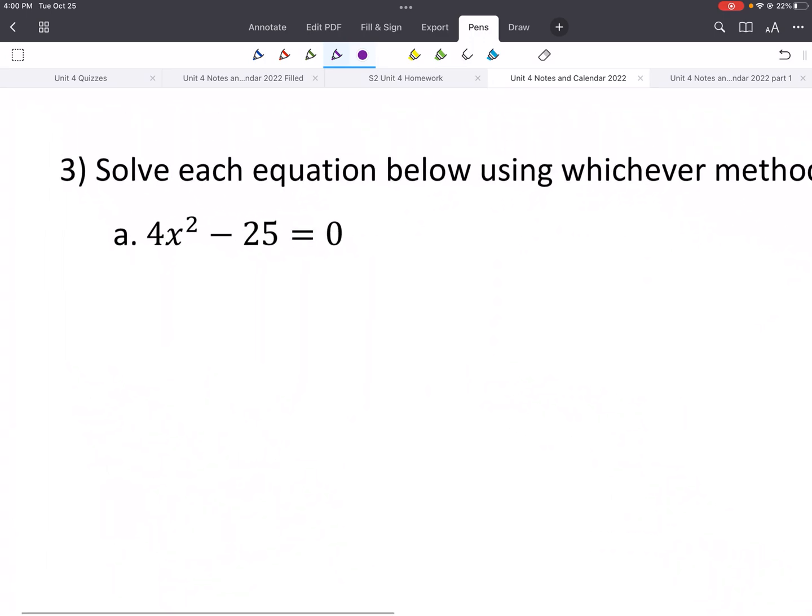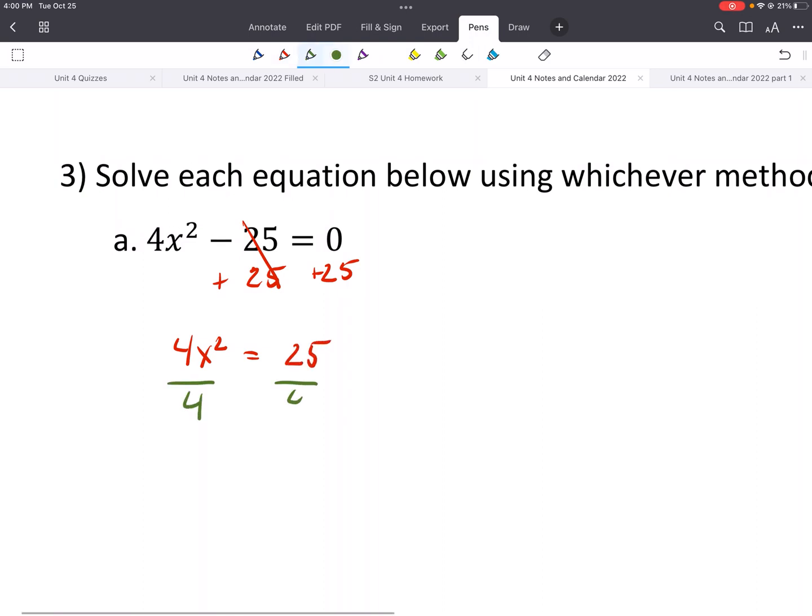Okay, so for number 1, there's only 1x and it's being squared, so I think the easiest is to solve using square roots. So we would add 25 to both sides. Then we would divide both sides by 4. 25 over 4 can't be simplified, but we can square root both of them.